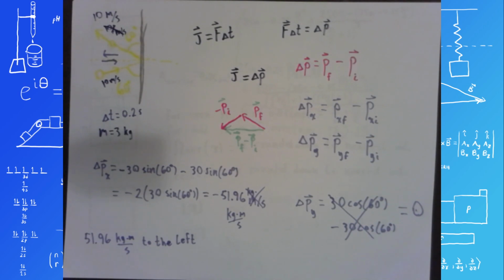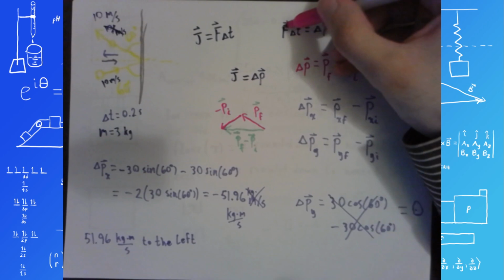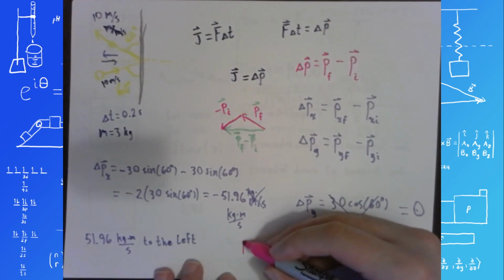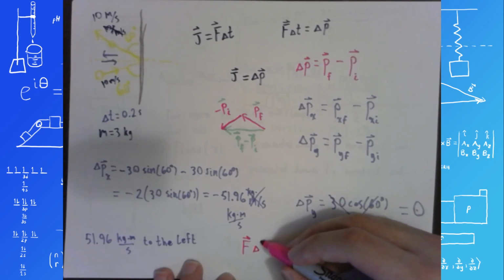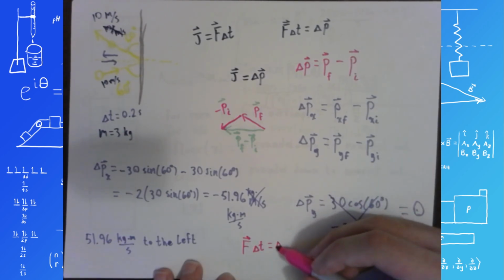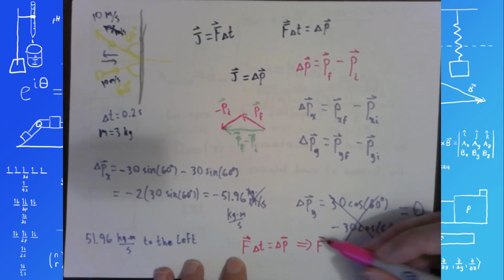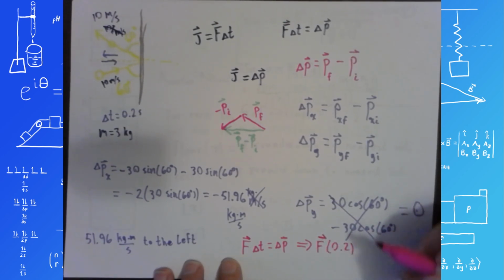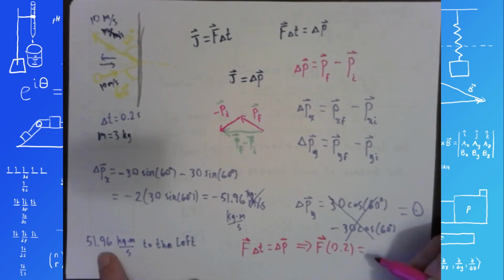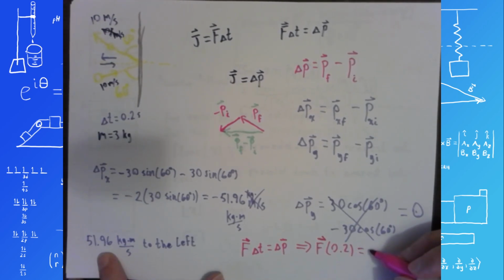And from here the rest is easy, so just do force times delta t, average force times delta t equals our delta p. Average force times 0.2 seconds is equal to 51.96 or negative 51.96 if you prefer.